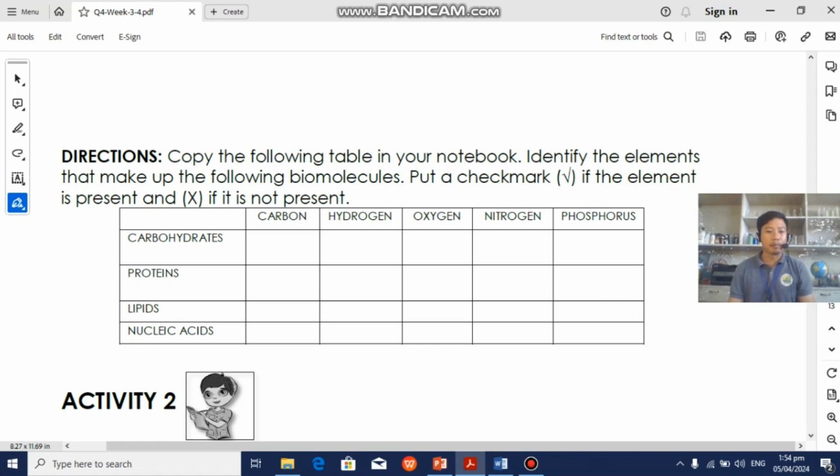For example, for carbohydrates, if you can find carbon, then mark it check. If you can't find it, mark it X. The same is true with hydrogen, oxygen, nitrogen, phosphorus, until nucleic acid.